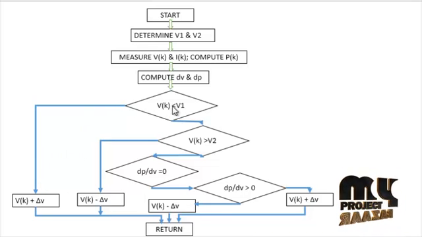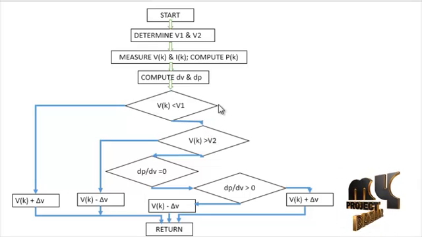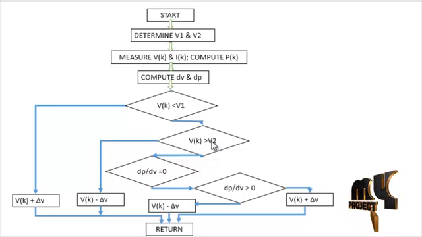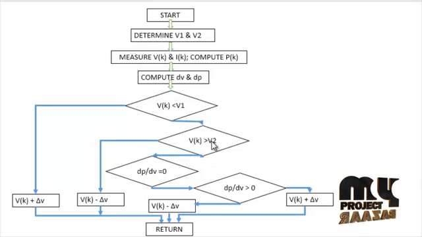Otherwise, if the condition is not satisfied, then check another condition. That condition is V(k) is greater than V2. If that condition is satisfied, then V(k) is decremented by the change in voltage. Otherwise, check the other condition. That condition is dP/dV is equal to 0.